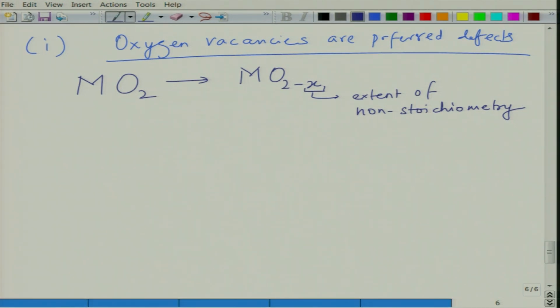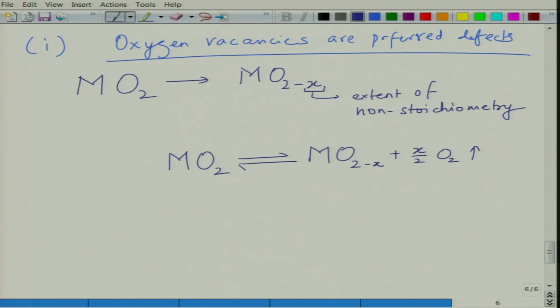So the defect reaction is written in this way. These are all thermodynamic, reversible defect reactions. MO2 converts to MO2 minus X plus X by 2 O2, releasing some of the oxygen outside into the ambient.